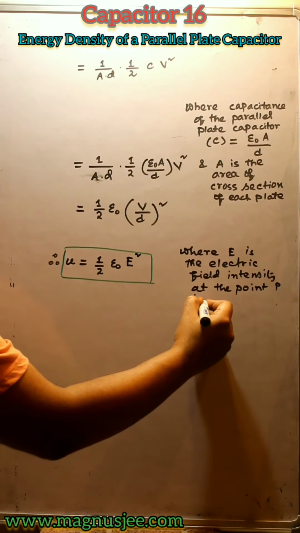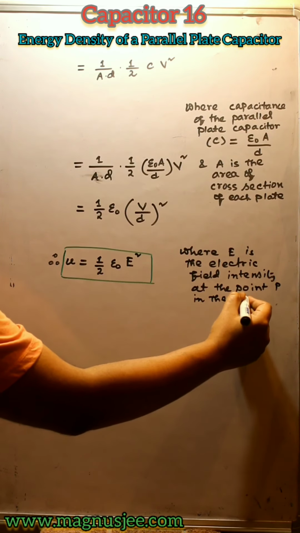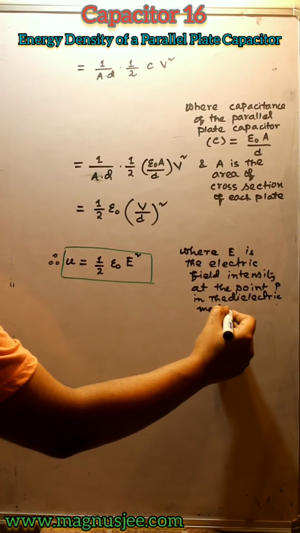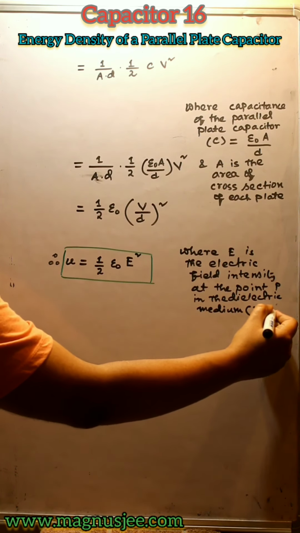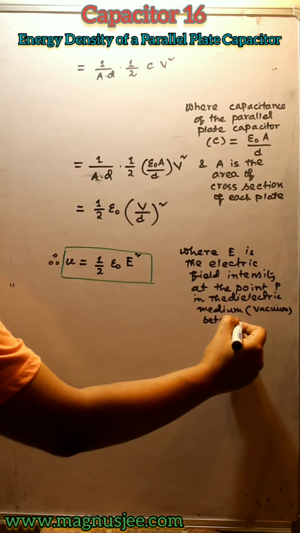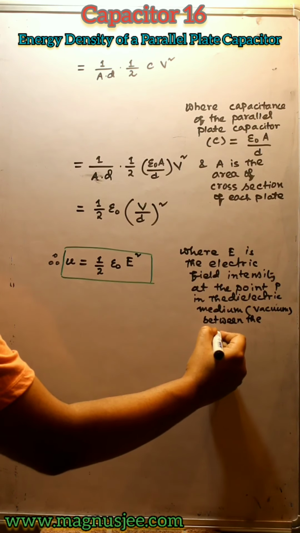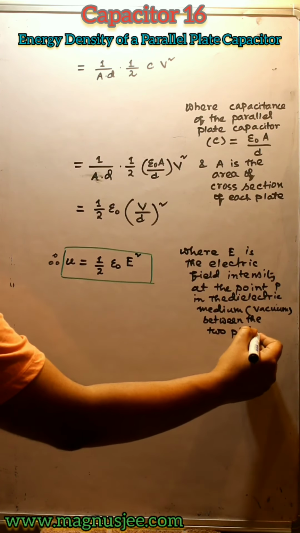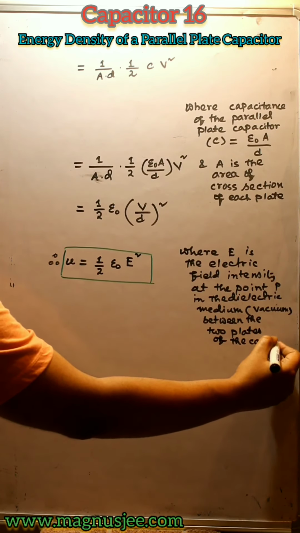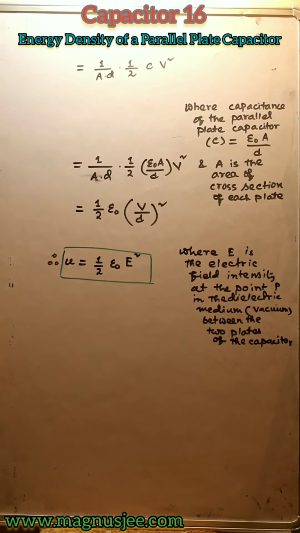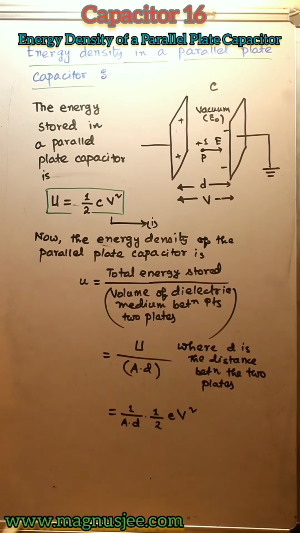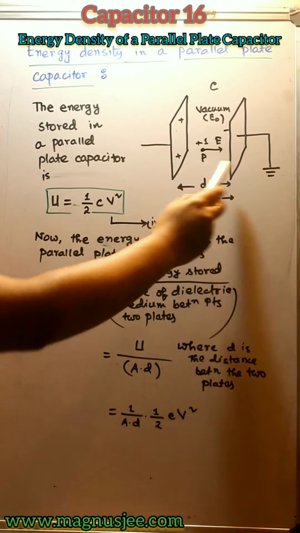At a point P in the dielectric medium or vacuum between the two plates of this parallel plate capacitor, in this case it is vacuum, we can consider a point P between the two plates.